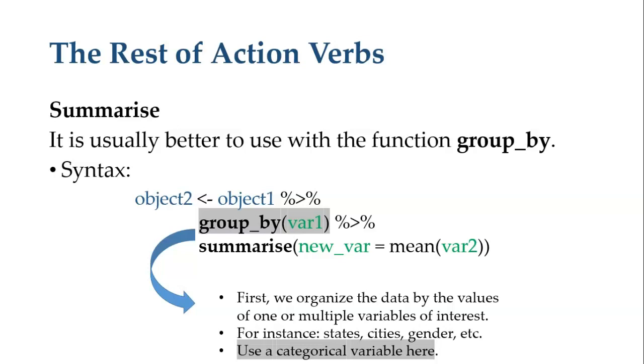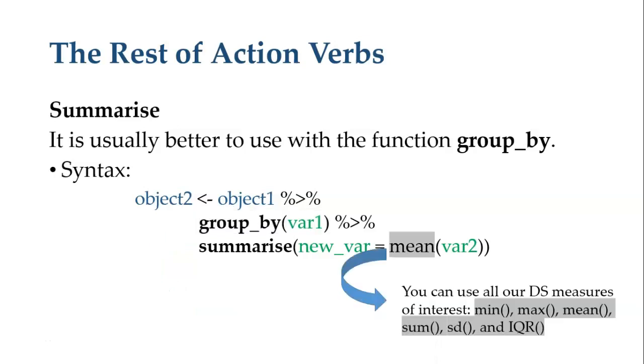And once you have organized the data in such a way, later you say, okay, now summarize and tell me the mean of another variable, but summarize in these groups that I just created. Okay, I know that this doesn't make a lot of sense right now, but it's going to make sense with the example that I'm going to give you.